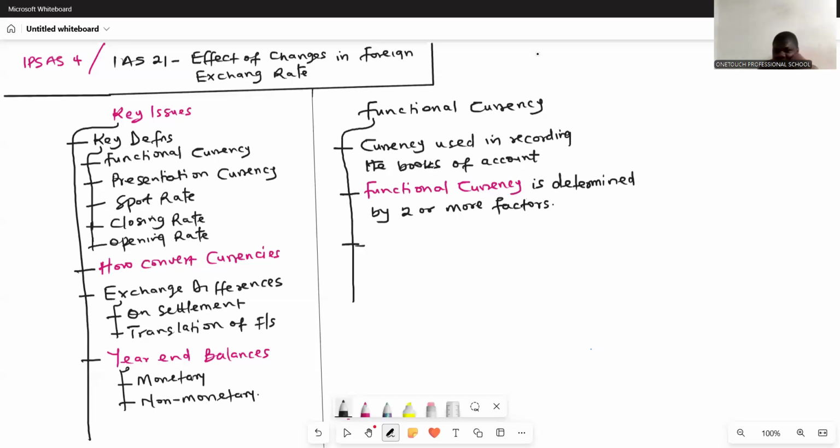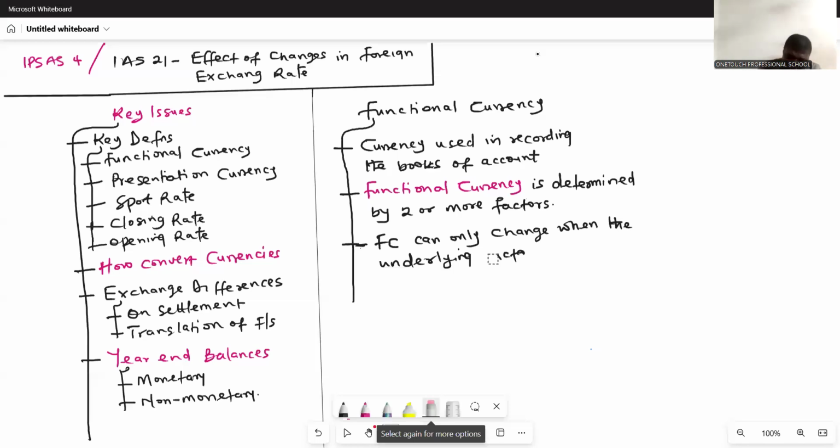Number three, these factors may change, so the functional currency can only change when the underlying factors change. Some will say that it's also the local currency.